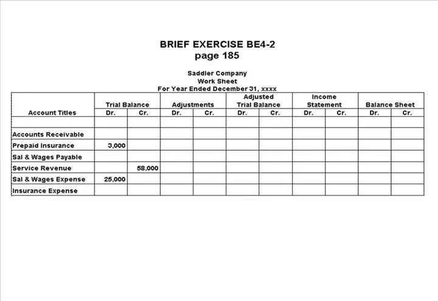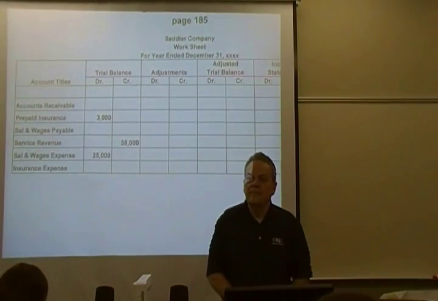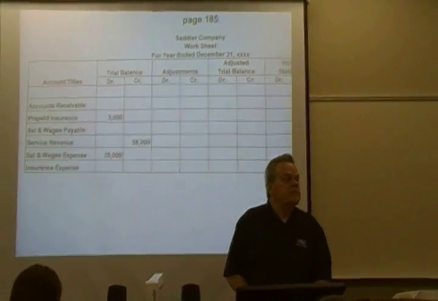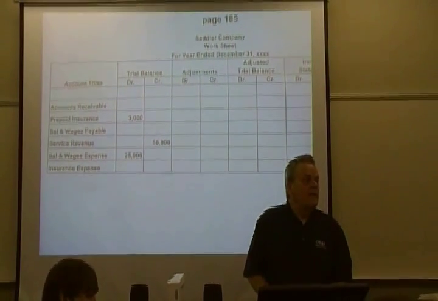There's some other order. Yes? Can you tell me why the accounts on this worksheet are in the order they are? Seasway? Assets and liabilities, so something like that.